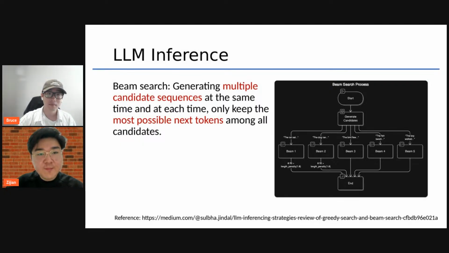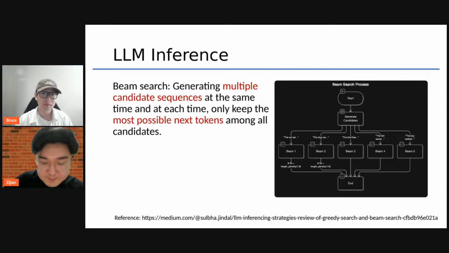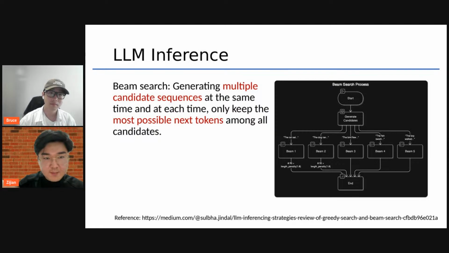Every time, you keep this tree where you have multiple possible candidate sequences, and you only take the most probable next tokens among all the candidates. That is, you trim the tree. You trim some branches that you don't like and keep only the best branches.